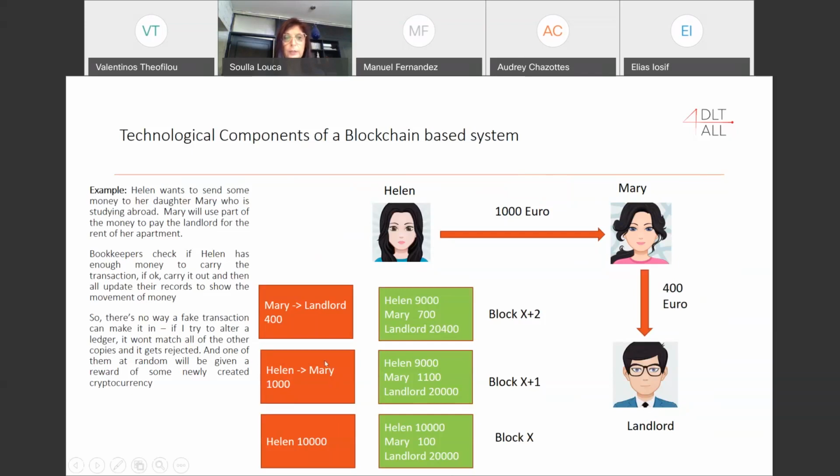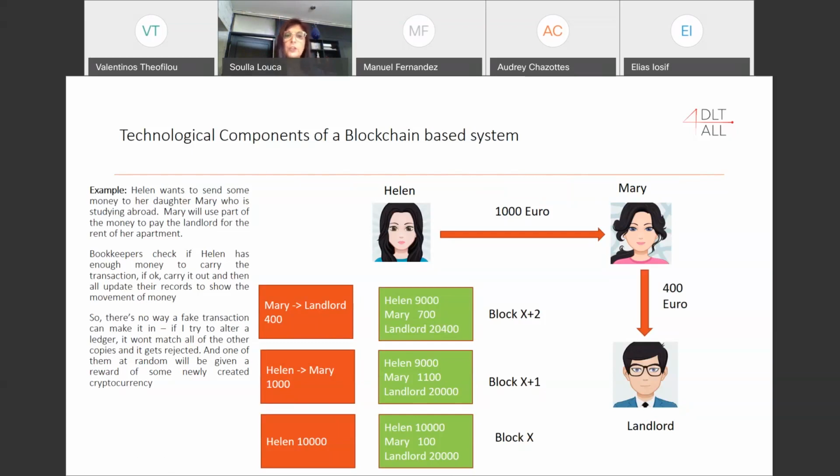So in the second part here, Helen sends Mary the €1,000. Helen is left with €9,000. Mary has in her account now €1,100, and the landlord, because the second transaction has not taken place yet, only his 20,000.